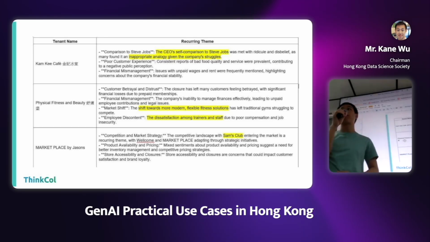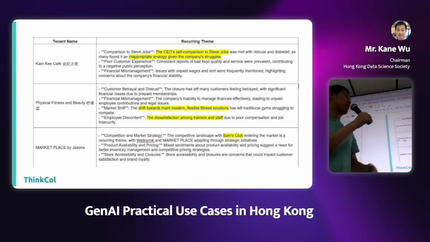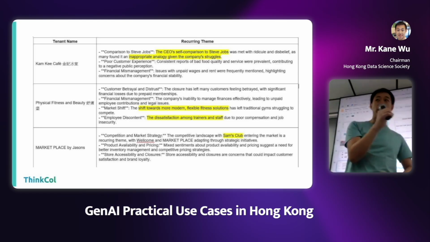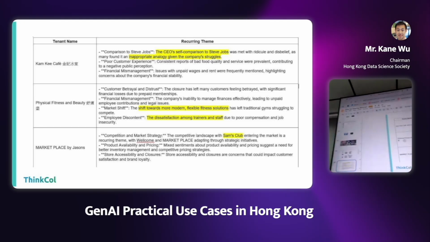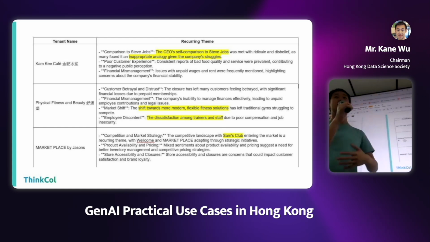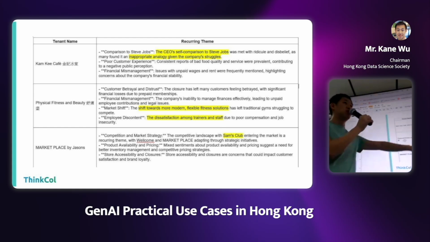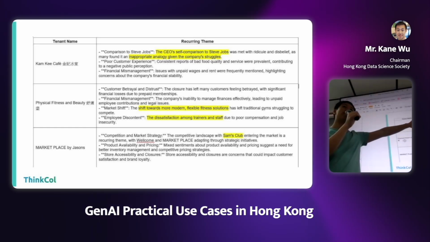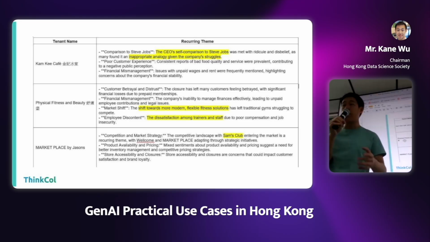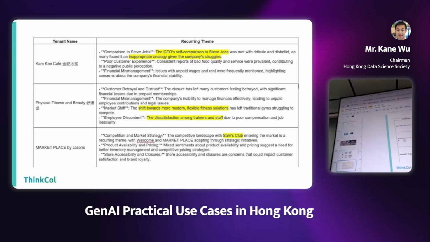And finally, for Marketplace, a lot of people are shopping in the mainland now with Sam's Club, so there is a lot of volatility, and the competitive landscape is really bad for places like Marketplace and Welcome. These are all automatically generated by GenAI, so that different companies can have insights on different competitors.